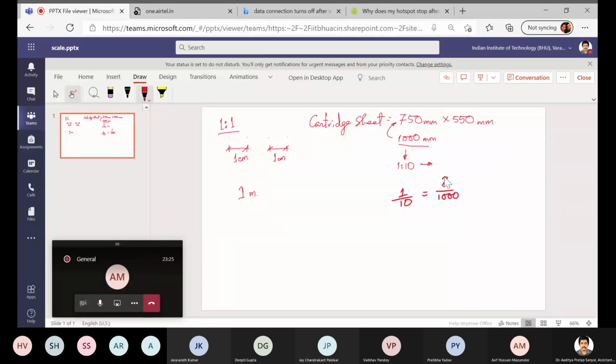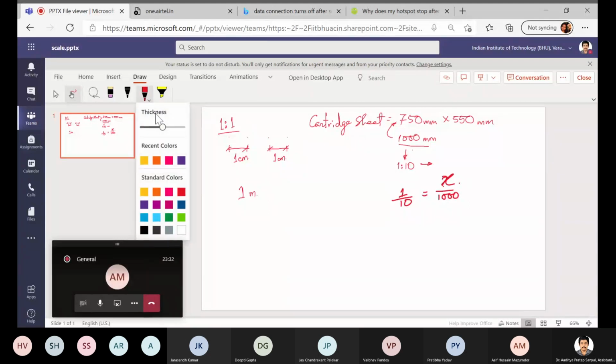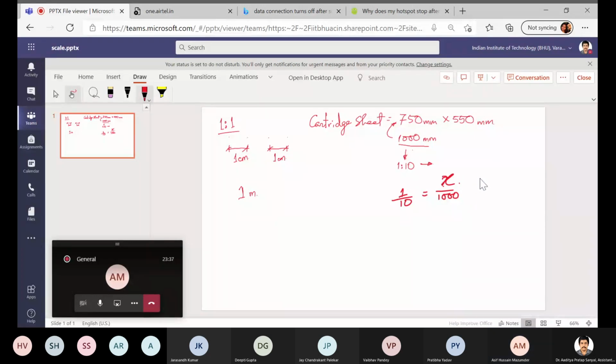How much is this x? Anyone? 100. X is equal to 100.